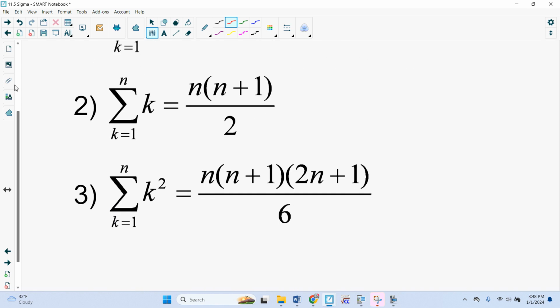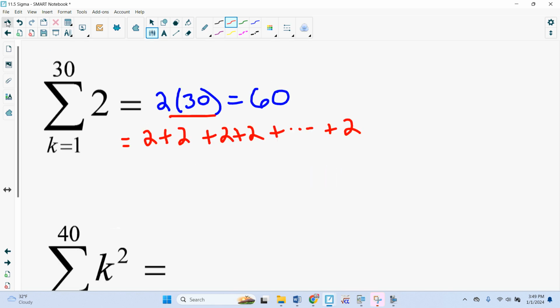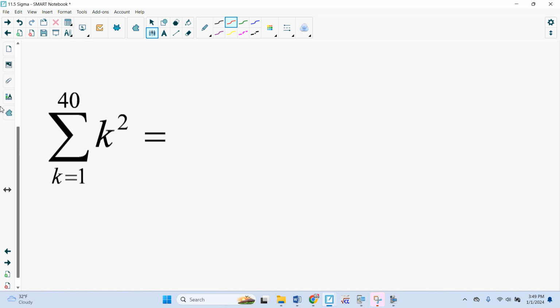If we have sigma of 1 to n of k, our formula is just n times n plus 1 over 2. And if it's k squared, it's n plus 1, 2n plus 1, all over 6. So let's use that to evaluate this.